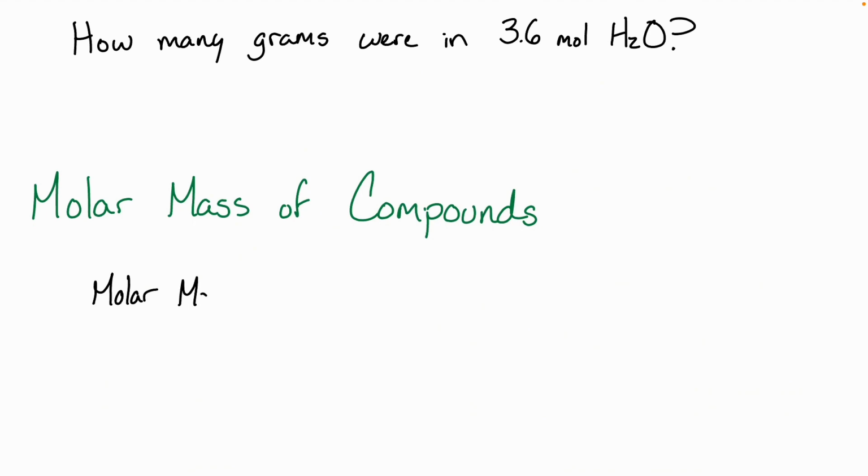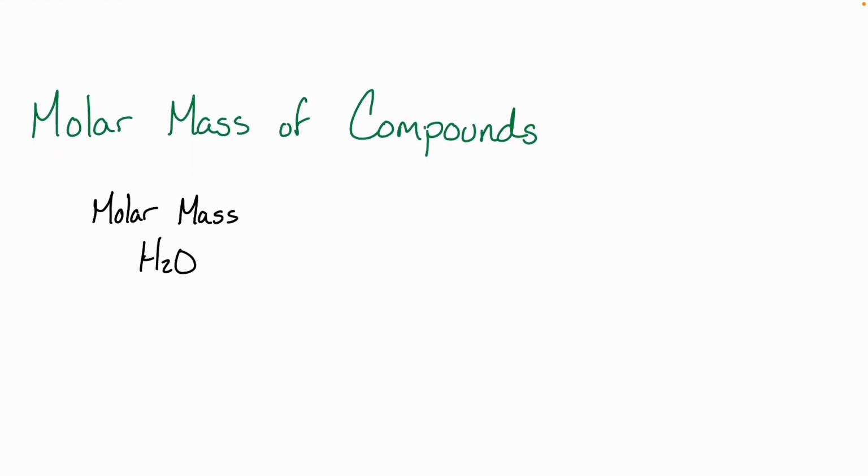So the molar mass of H2O, what we're going to abbreviate as capital M, H2O, molar mass. All right, these aren't too bad. All we're going to do is go and grab that information from our periodic table for each of these elements, right?